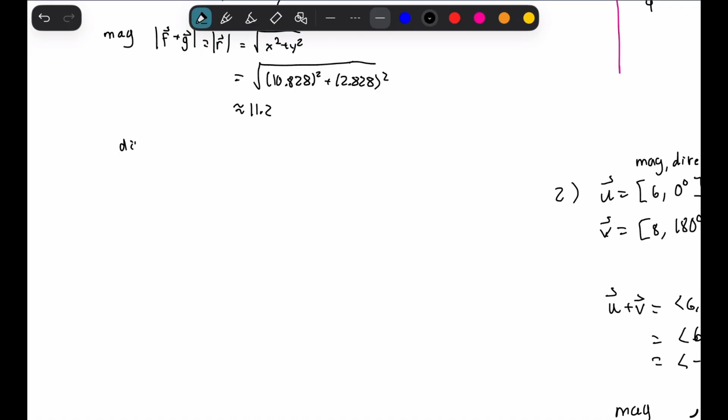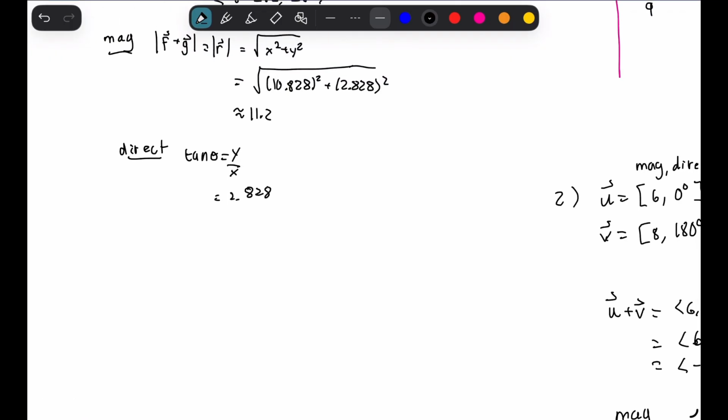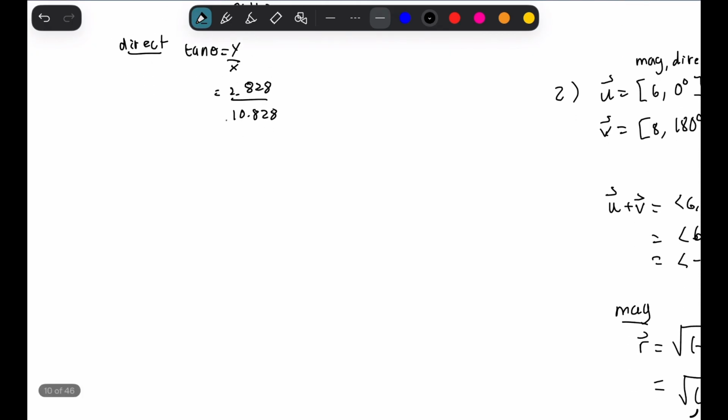Now, we also have to find the direction. Now, this will be tan theta, which is y over x. We have 2.828 and 10.828. So this is going to be tan theta. Remember, you have to get the inverse on both sides.